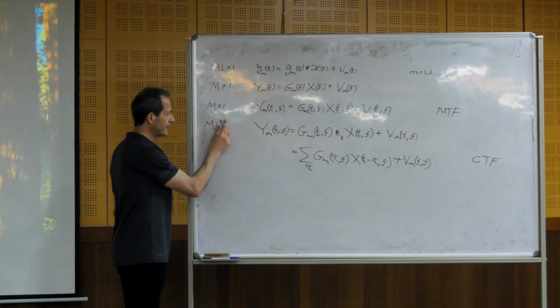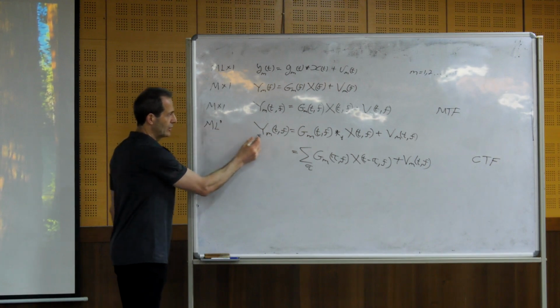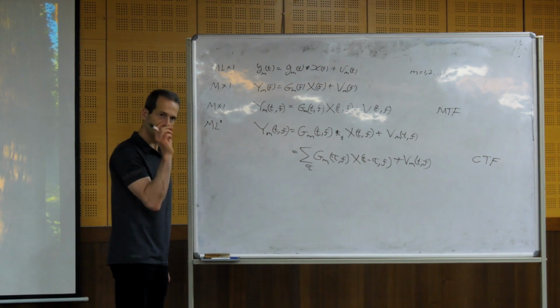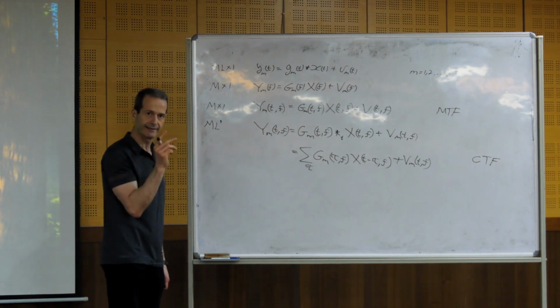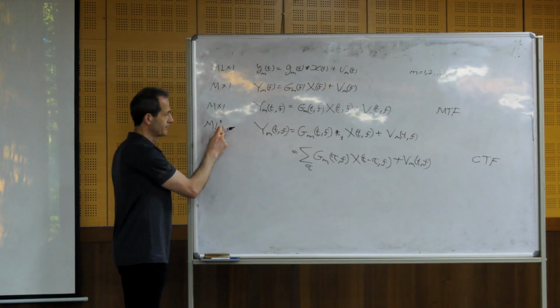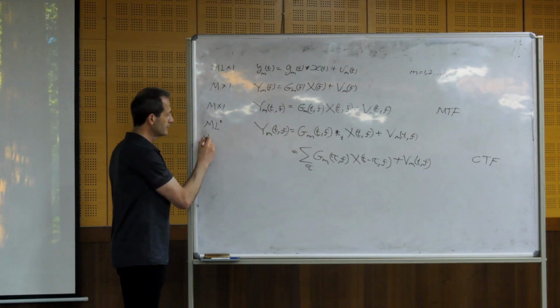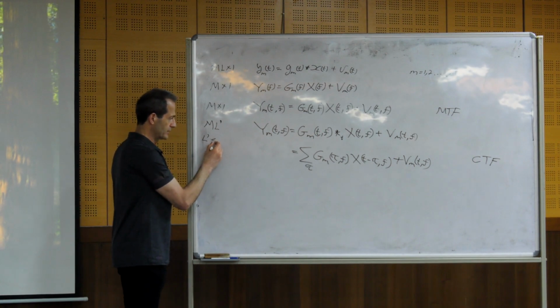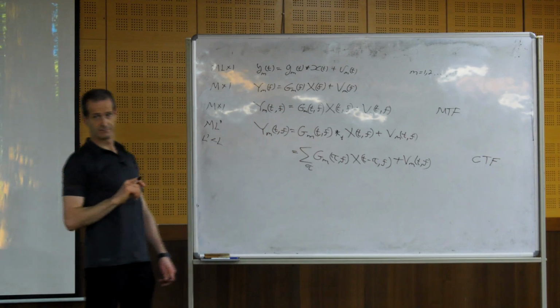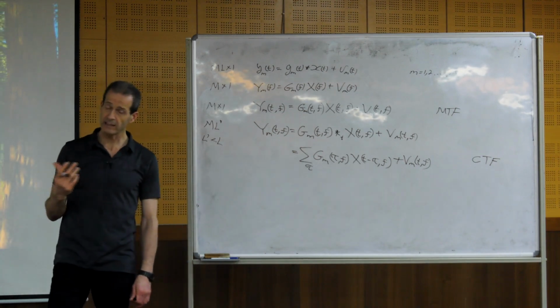So the number of samples that we take for each frequency will be M L prime. And L prime is much smaller than L here. Why?